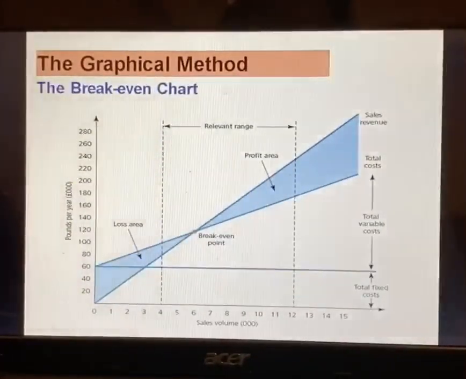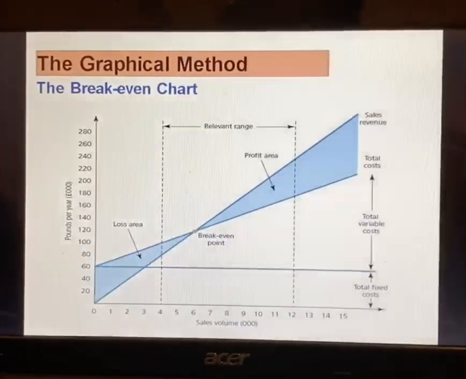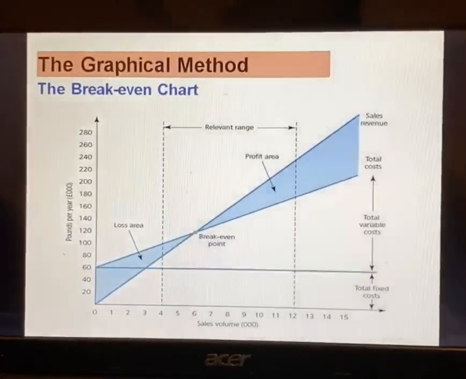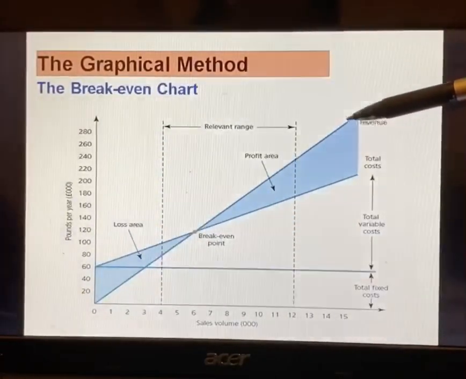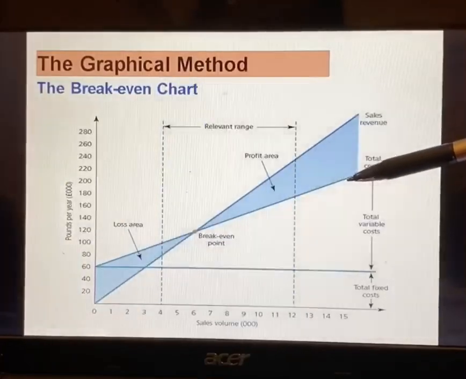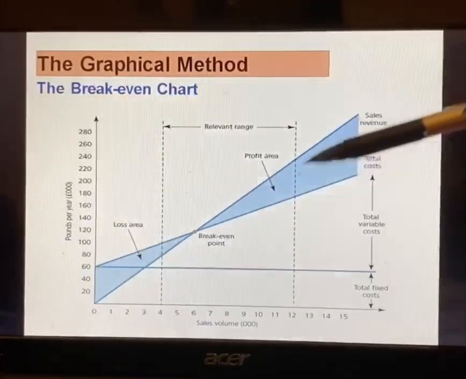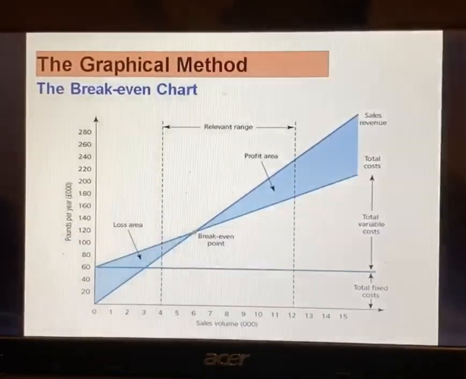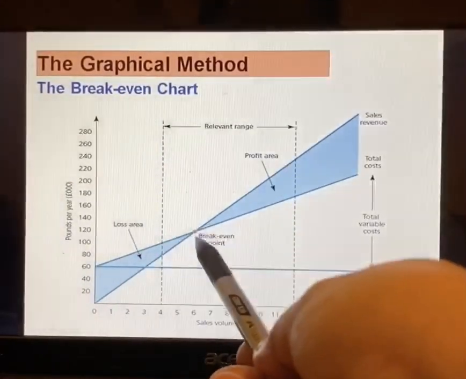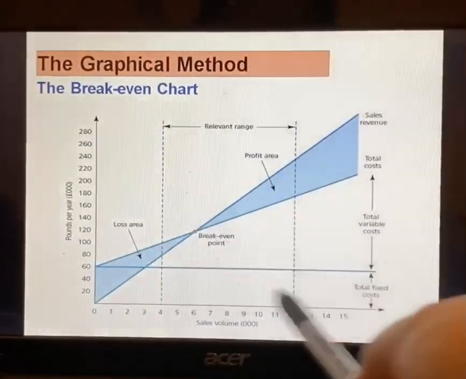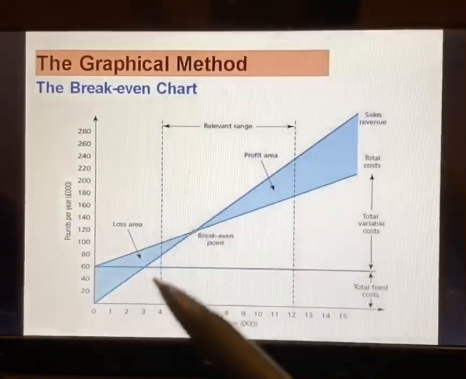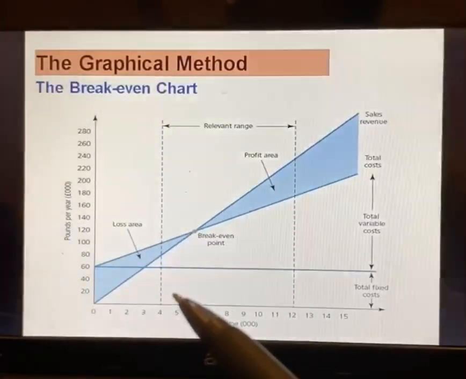The profit and loss on a break-even chart may be determined by looking at the vertical distance between the sales revenue line and the total cost line. Okay. So the difference between the prevailing sales and the break-even sales represents the margin of safety. So this is the margin of safety, both in terms of sales revenue and output level.